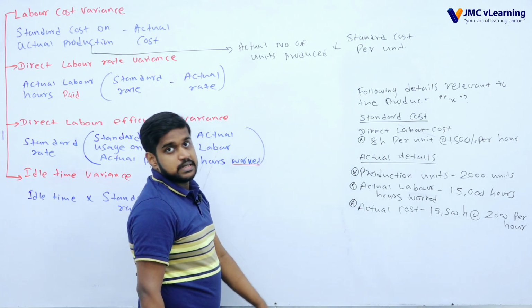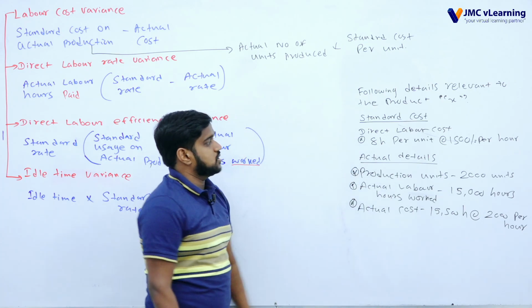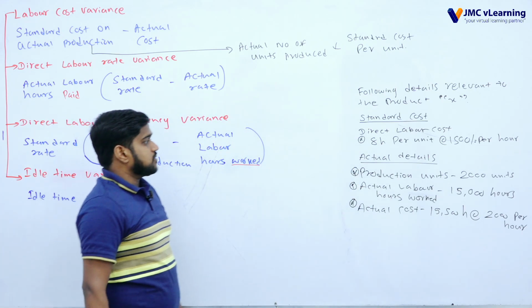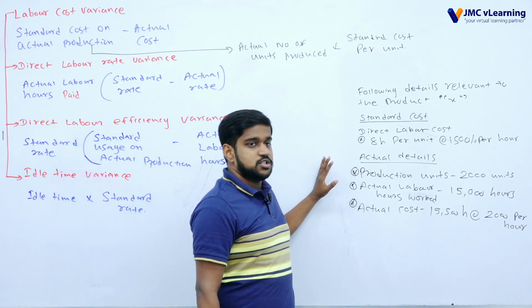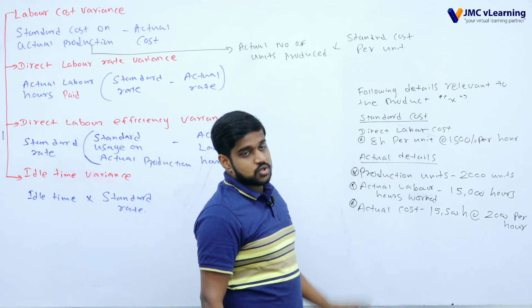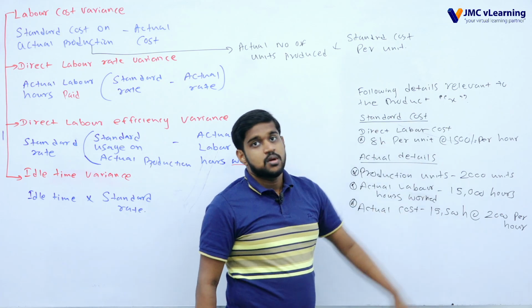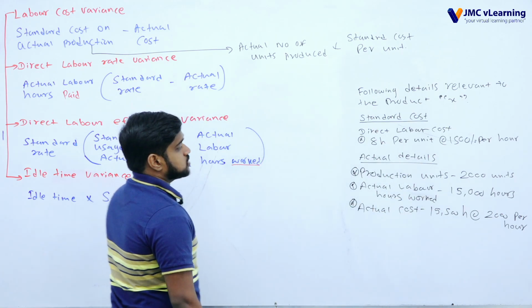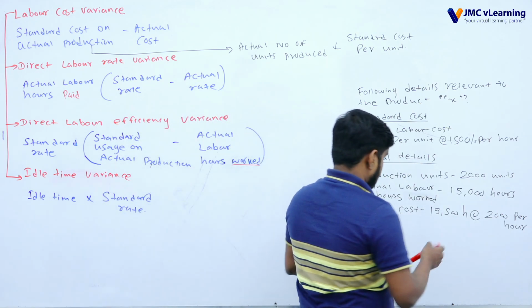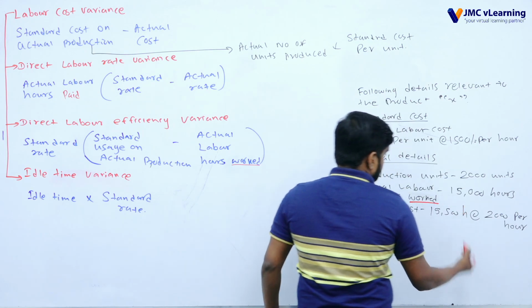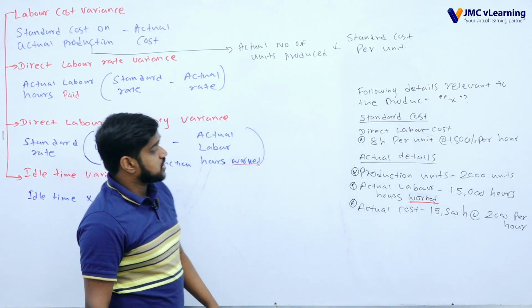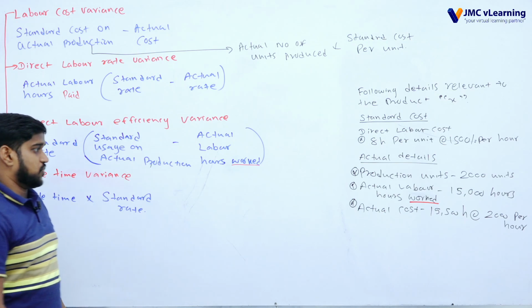Then we have actual details for this product. The actual number of production units is 2000 units. Then the actual labor hours worked. The most important thing is the actual labor hours worked. They worked 15,000 hours.